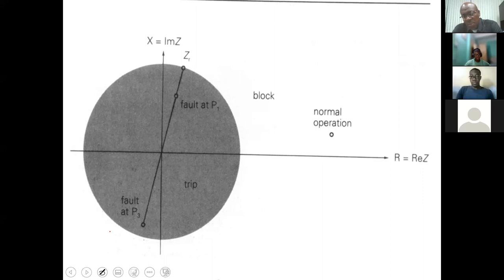All right. So in this, what we are showing is that without the directional element, this particular relay, because the impedance measured is less than our setting, may trip for the fault at P1 or the fault at P3. The question is, is that what we want? All right. So it is looking in front as well as behind. We want to be able to determine specifically which fault it should operate for.